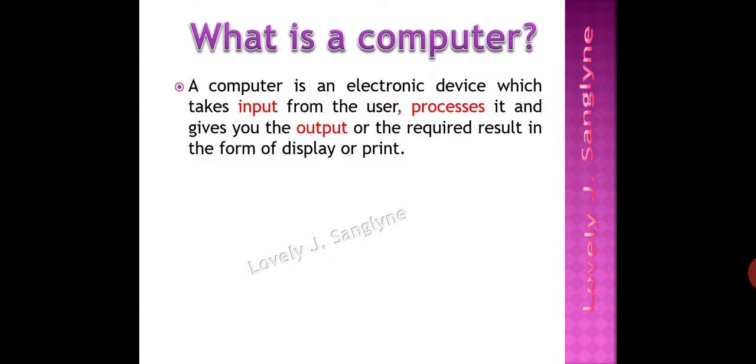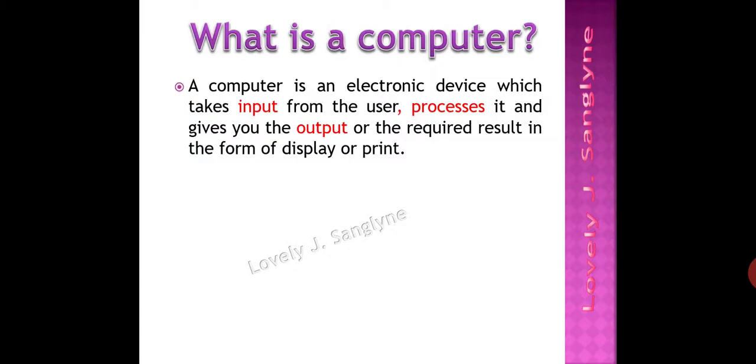We have learned that a computer is an electronic device which takes input from the user, processes it, and gives the output or the required results in the form of display or print.